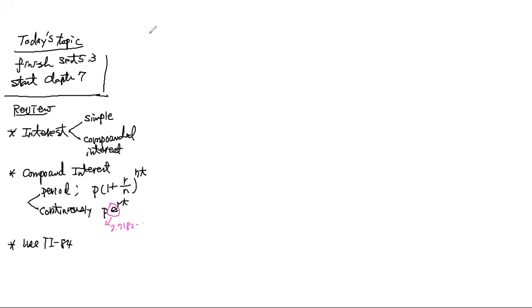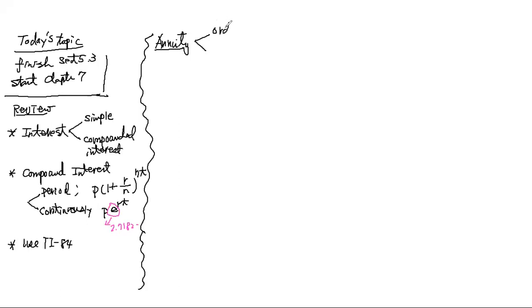Then the last thing we discussed, and I think if you did your Pearson MyMathLab homework you should remember, we call this annuity. Here we have two kinds of annuity.